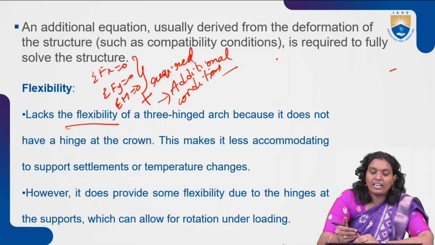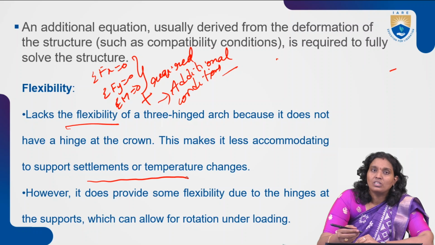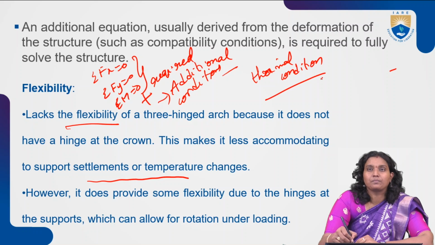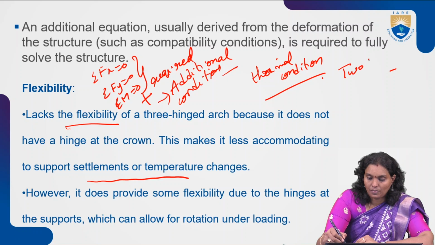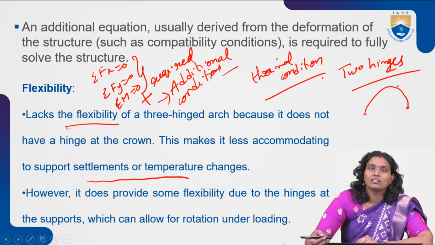And this makes the two-hinged arch less accommodating to support settlements or temperature changes. These thermal expansions or contractions because of thermal conditions are going to affect these two-hinged arches because we only have two hinges at the supports, not at the crown.